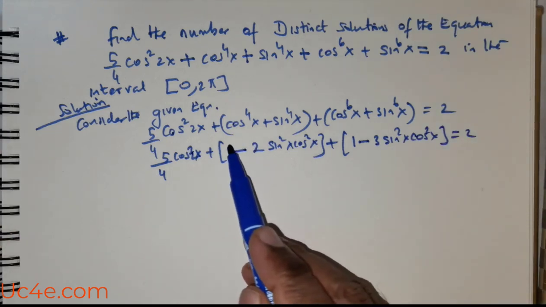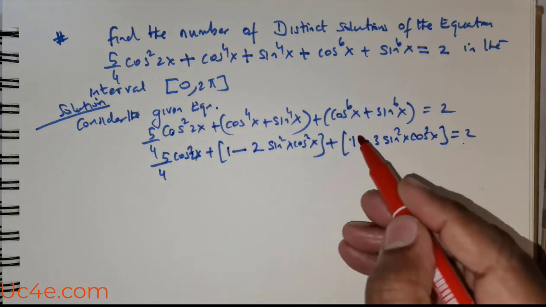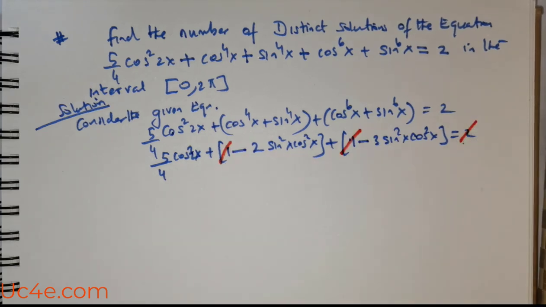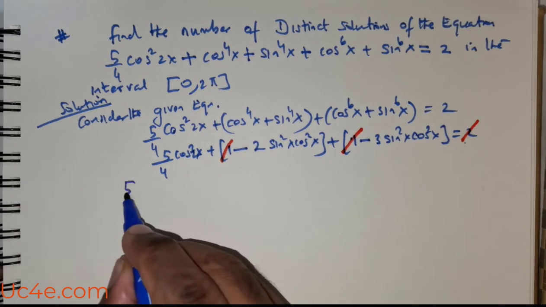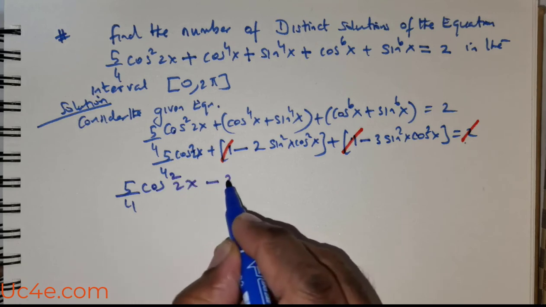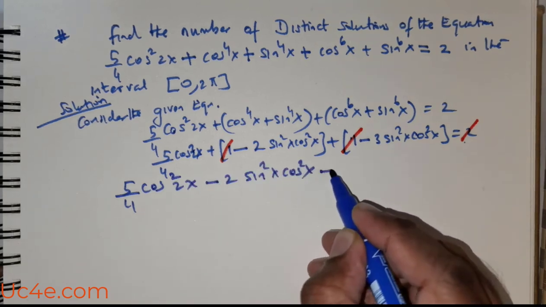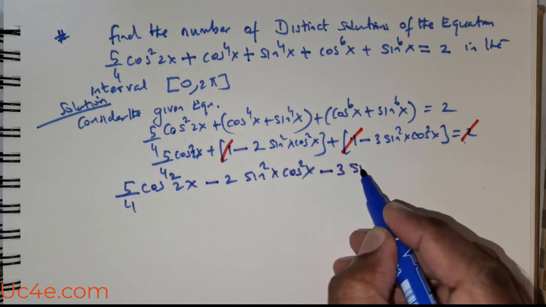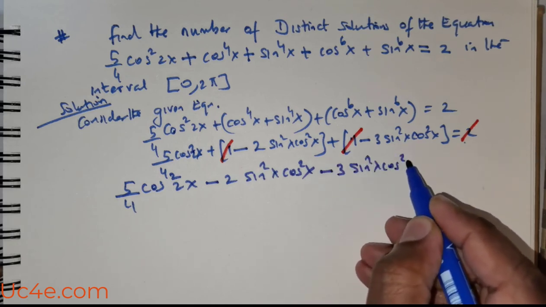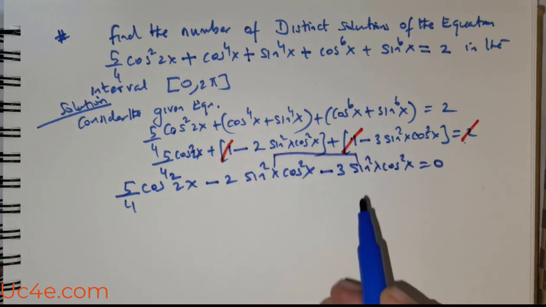Now I can add 1 and 1 and subtract that 2 there, so I can cancel these terms and rewrite them as 5/4 cos²2x − 2 sin²x cos²x − 3 sin²x cos²x is equal to 0. I can add these two together.